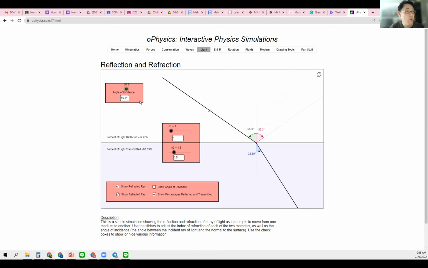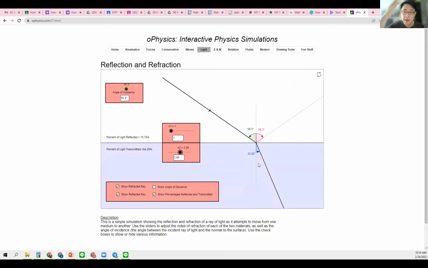I can adjust the index of refraction n on the upper portion of the medium and the bottom portion of the medium. If I set the upper one to be 1 and the one below to be big, say n2 is 2 something, we already understand the behavior of the light.